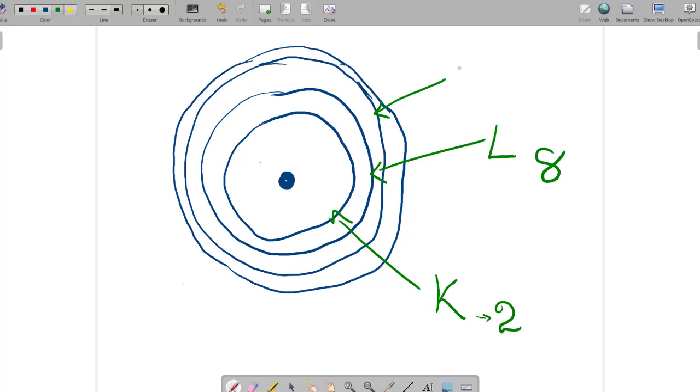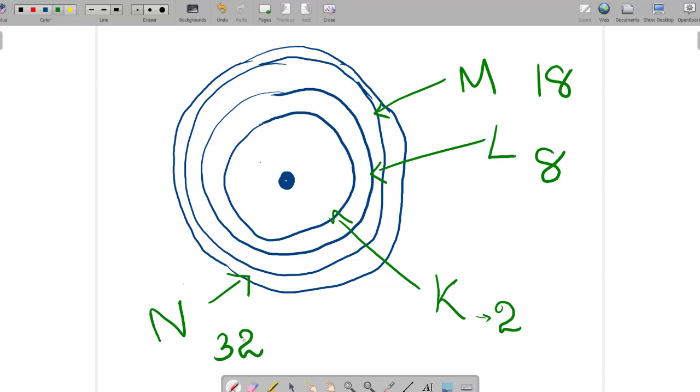In the M level, a maximum of 18 electrons can move. And the last outer layer, which we call the valence shell, which I mentioned in the last video, is the outermost layer. This is N, and 32 electrons can be there at maximum.